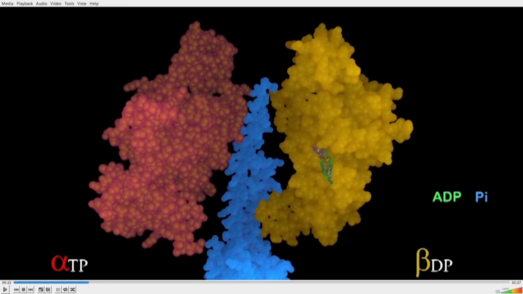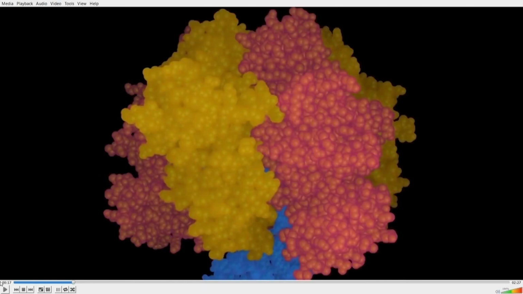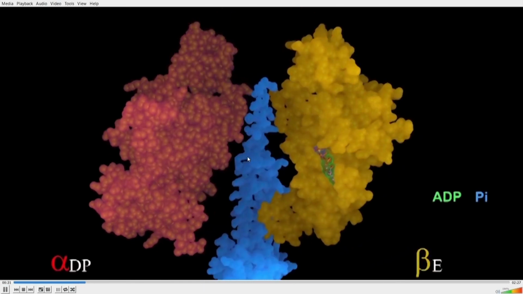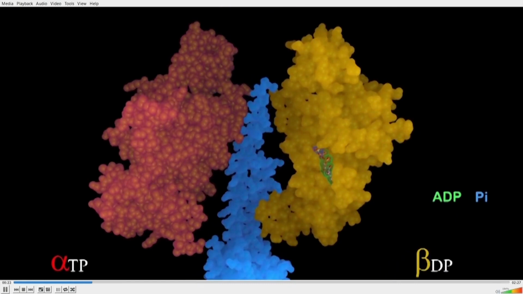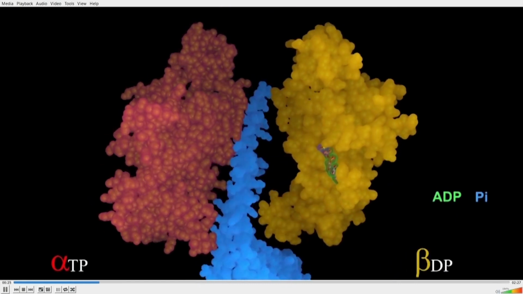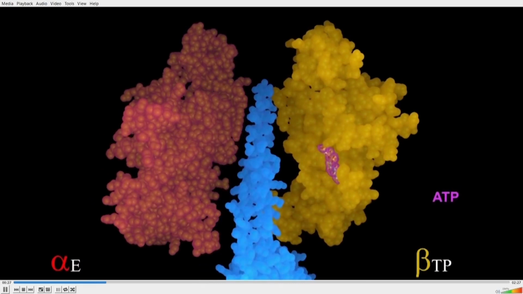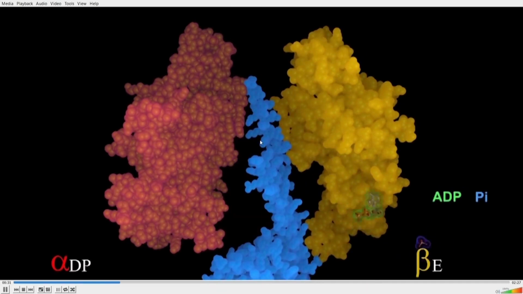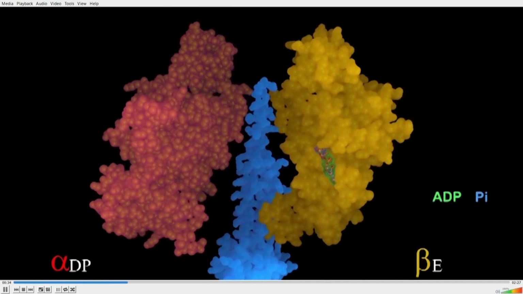What you see now is the open conformation, and in the open conformation the molecules are not bound. The active site is relaxed and it can bind the ADP and Pi.